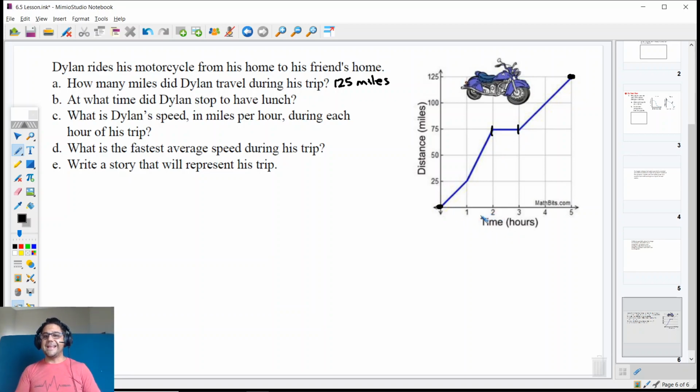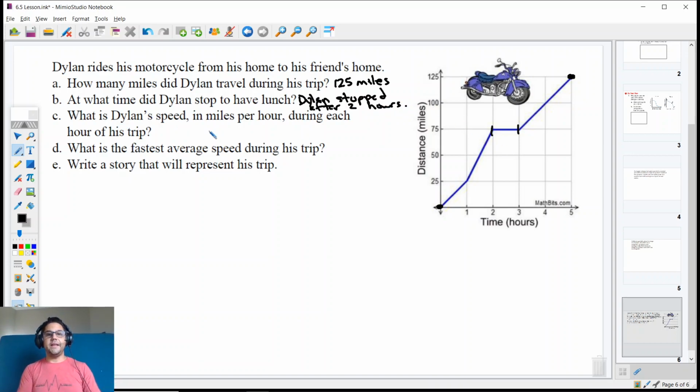Now that doesn't mean that it's necessarily at 2 o'clock. That's just 2 hours after he started his trip. So at what time did Dylan stop to have his lunch? You could say Dylan stopped after 2 hours.